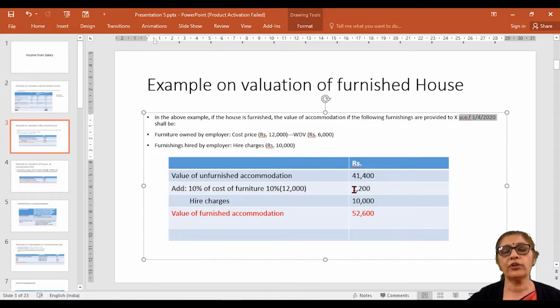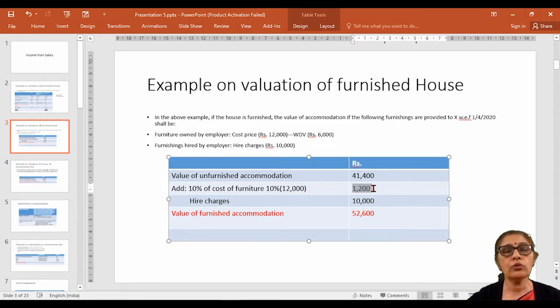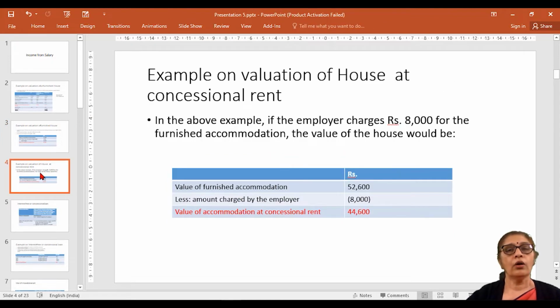In that case, we would have done 1,200 into 6 by 12 and this 10,000 into 6 by 12. The value of the house for the whole year, furnishings value for the period for which they have been given, say 6 months.